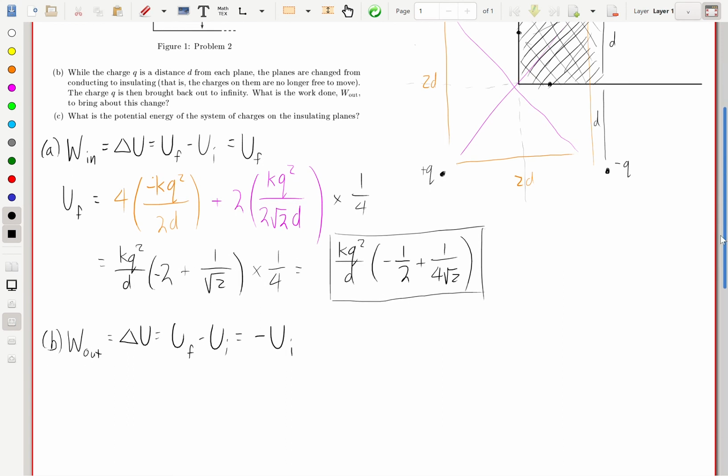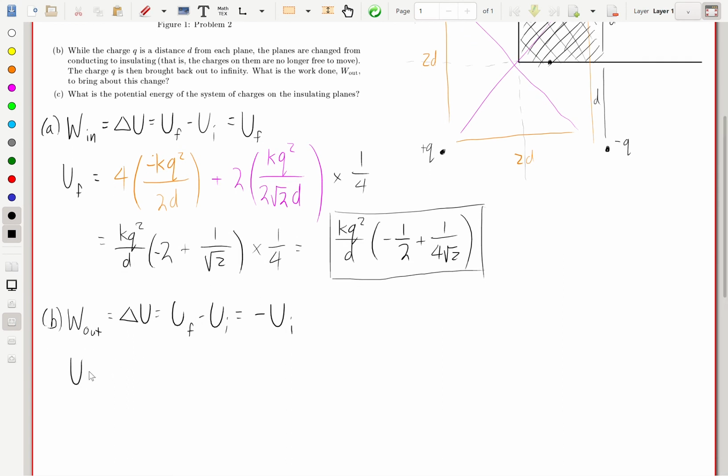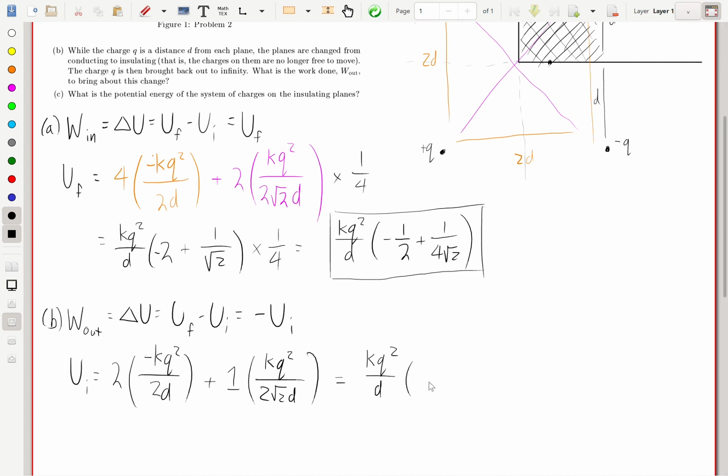So we can say that UI is equal to 2 times negative kq squared over 2d plus 1 diagonal interaction of kq squared over 2 root 2 times d, which gives us, factoring out kq squared over d, negative 1 plus 1/(2 root 2).